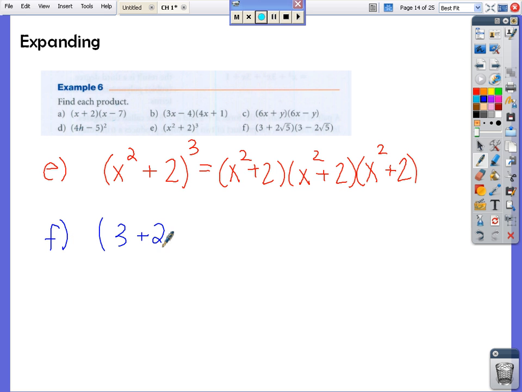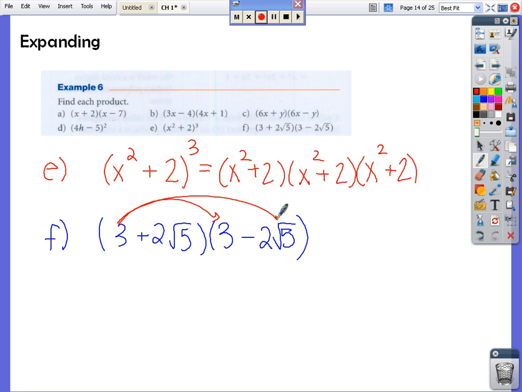3 plus 2 root 5 times 3 minus 2 root 5. Most of you guys will call it foiling. I call it distributing. So I'm going to distribute the 3 to the 3, and then this 3 to the negative 2 root 5. So I get 3 times 3, which is 9. 3 times negative 2 root 5 would be negative 6 root 5.